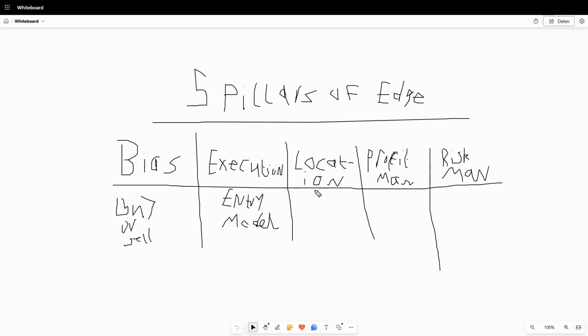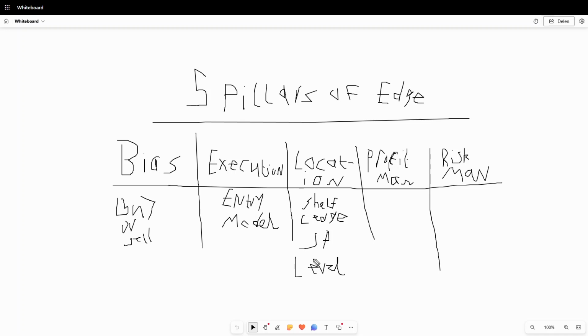With location, what kind of levels are you looking for? Are you looking for a shelf where you want to play off of, or a ledge, or a single print? Are you looking to buy a single print or levels in general? So it can be a volume area low, a value area low, or a value area high, sorry, value area low, value area high.